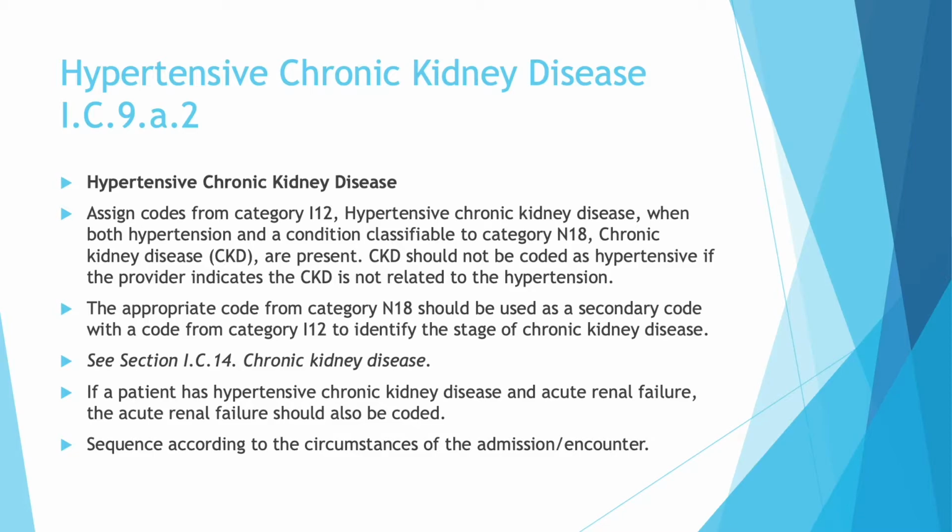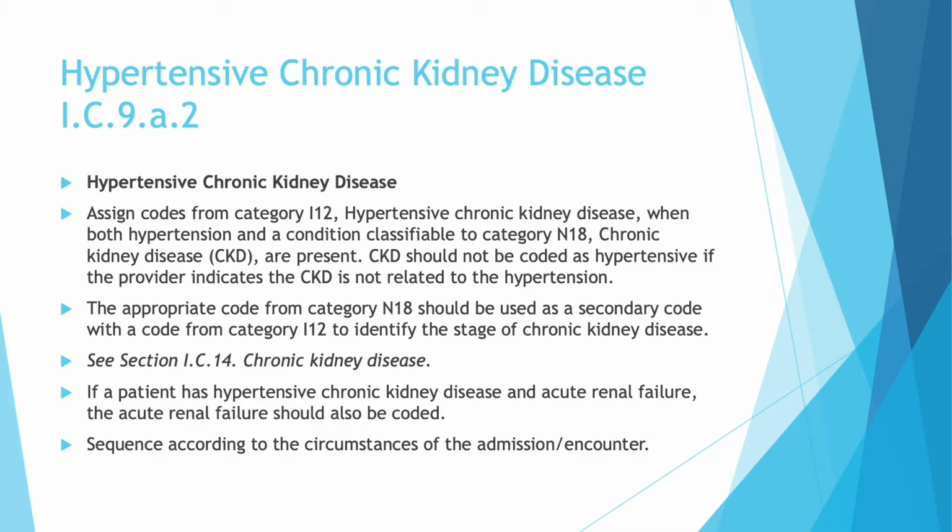Something to note, though: if you look at the first bullet point, the last sentence of the paragraph says CKD should not be coded as hypertensive if the provider indicates CKD is not related to the hypertension. So that's where it comes back to documentation for us as coders or auditors, to see if there's that correlation that the provider makes.